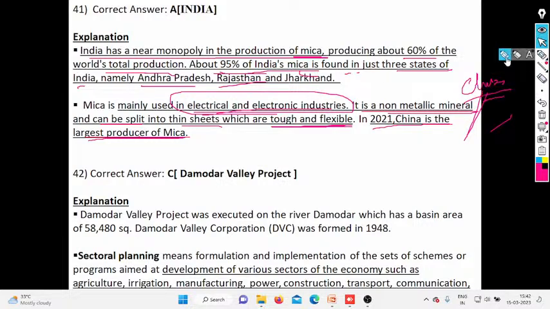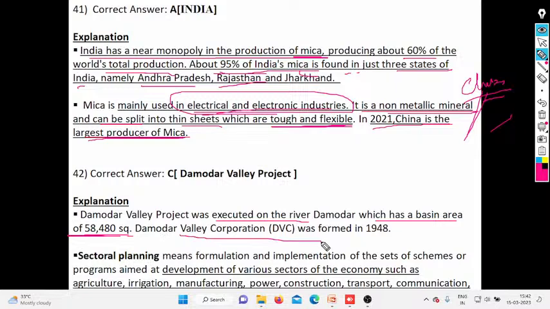DVC, ऊपर देखिए, Damodar Valley Corporation was executed on the river Damodar, which has a basin area of near about 58,500 square kilometers.